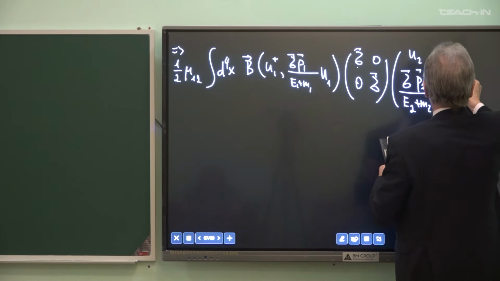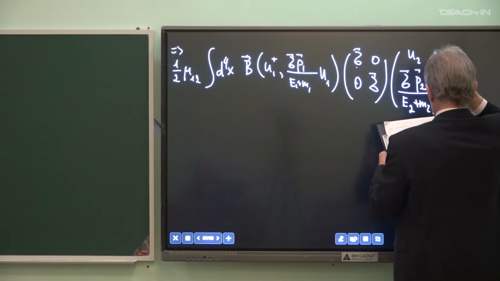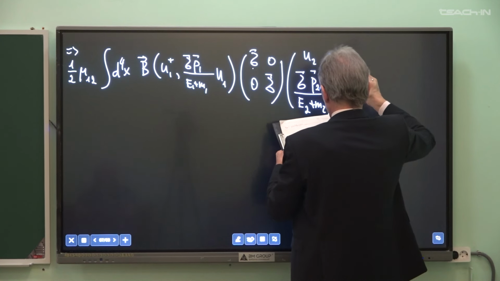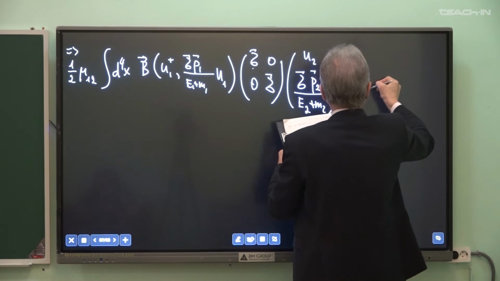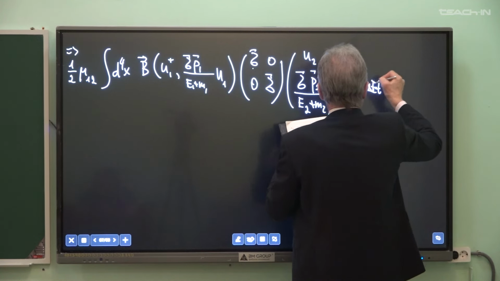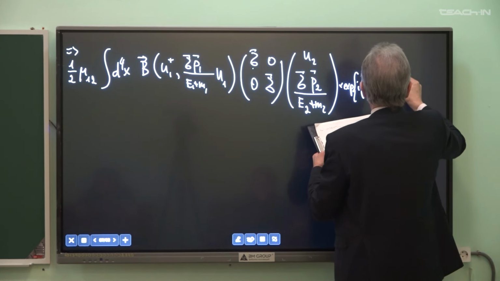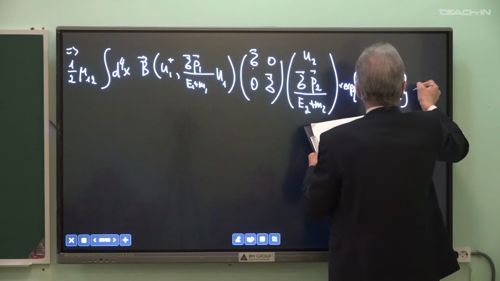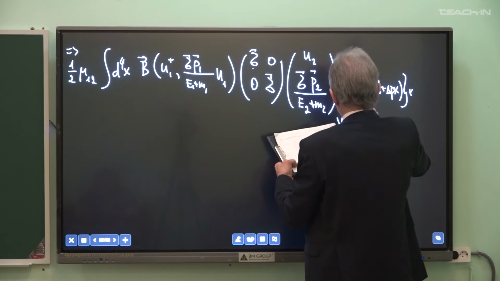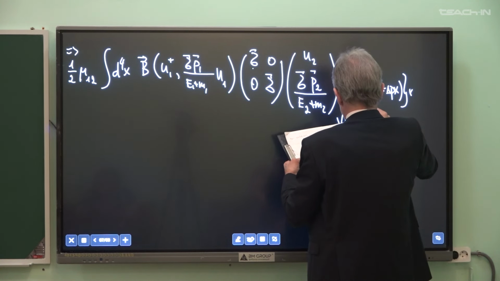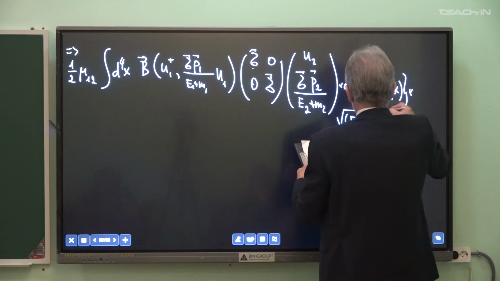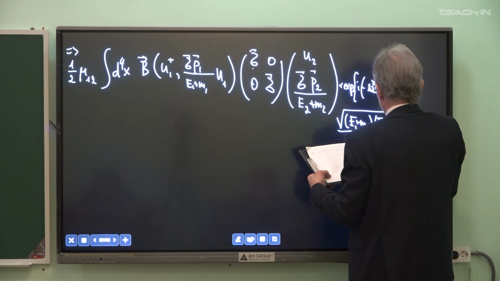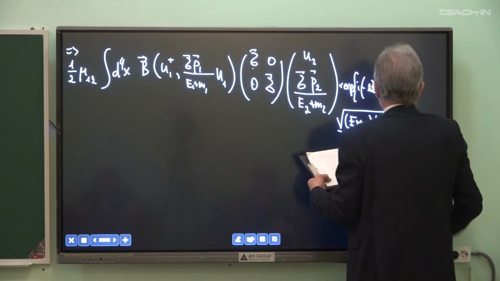And also it should be multiplied by the exponent of i, minus delta energy multiplied by time plus delta momentum multiplied by x, and everything should be multiplied by the general term: square root of (E1 plus M1)(E2 plus M2), divided by 2 square root of energies E1 multiplied by E2.